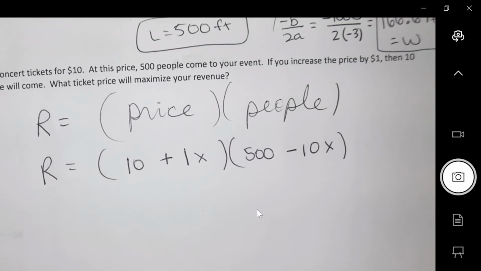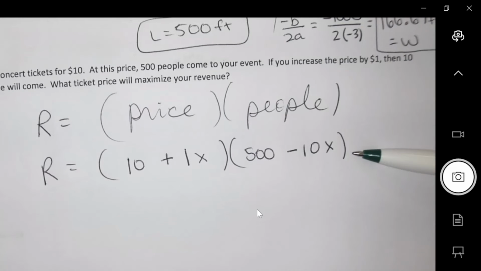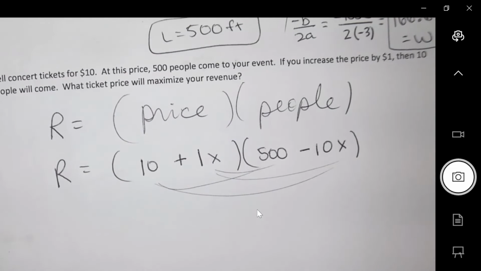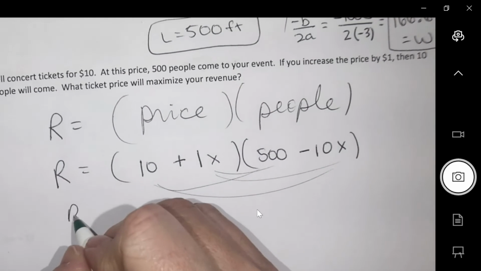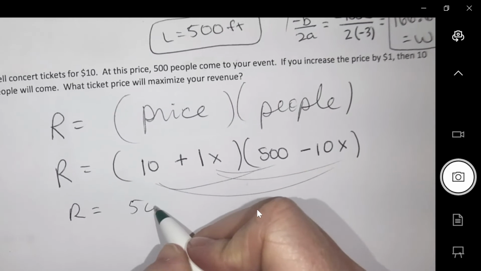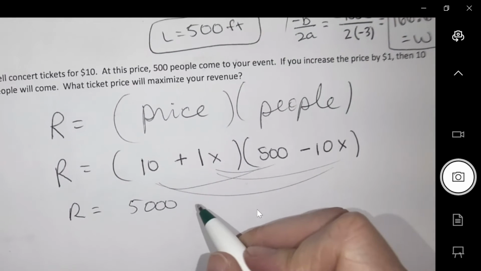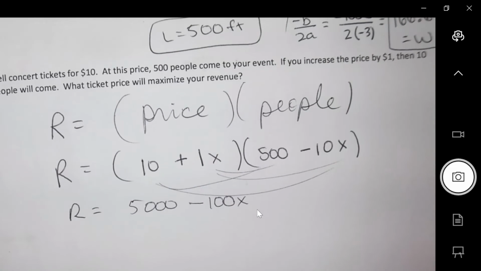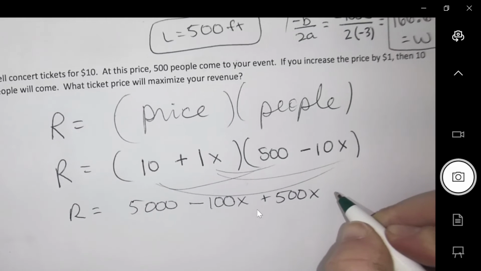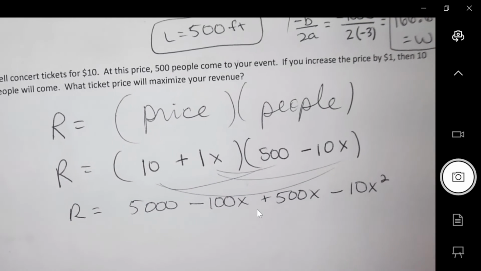Okay, now what would you do once you've had this? What do you think your next step would be? To FOIL it all out. Okay, so we get 5,000 minus 100x plus 500x minus 10x squared.